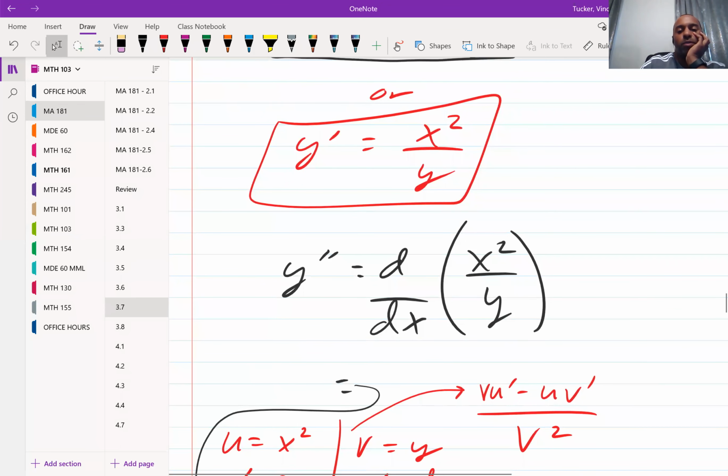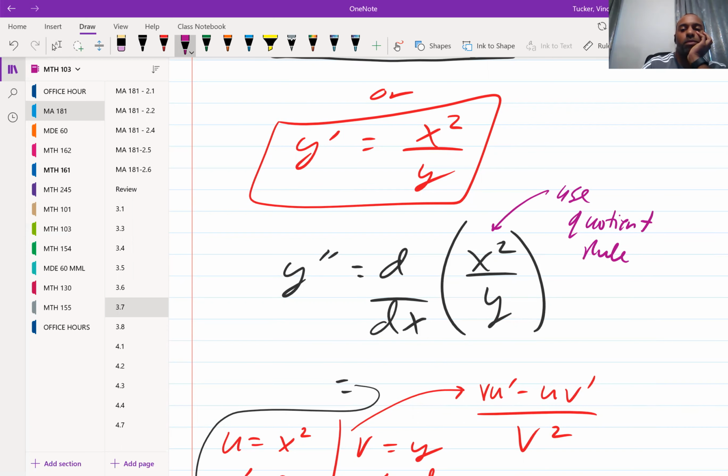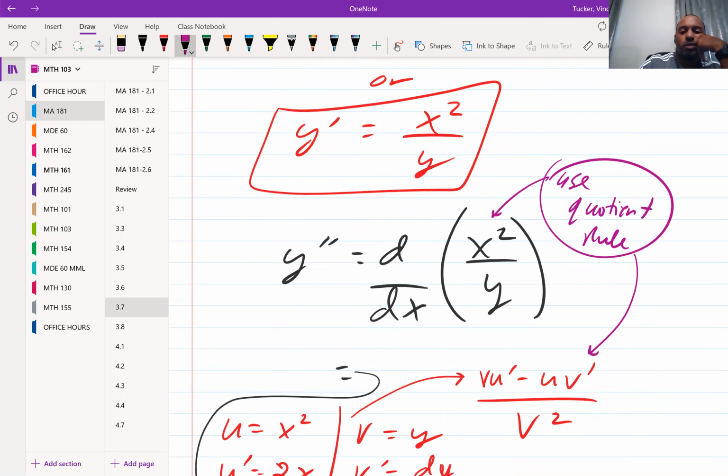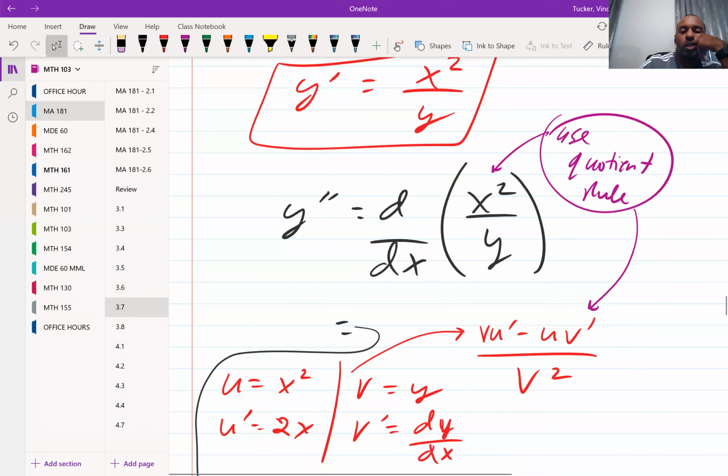So we can use the quotient rule. We let u be x squared, u prime would be 2x, then v would be y, and the derivative of y is just dy/dx.